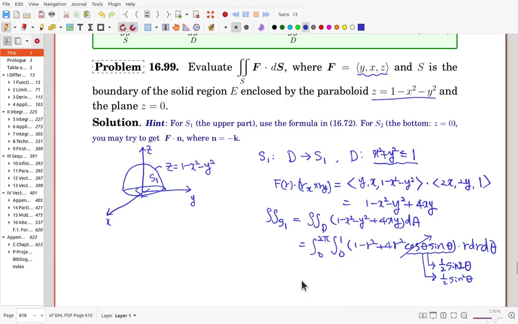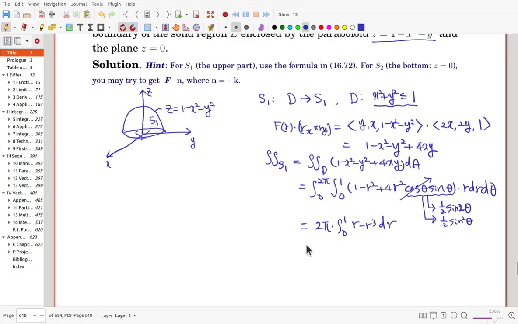Theta is independent, so there's 2 pi immediately, and from 0 to 1, r minus r cubed dr. From this there's 2 pi, and we'll have from this one half, from this one 1/4, so there's 1/4, so pi over 2 is the answer for the first part, S1.